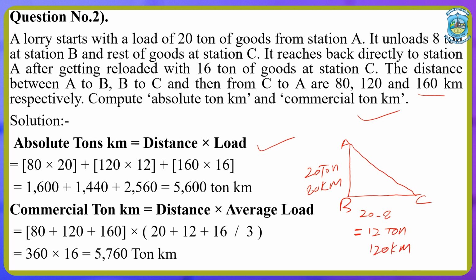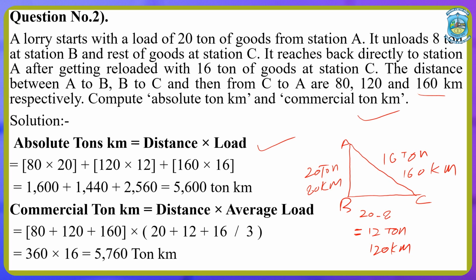C to A, it carries 16 tons of material and the distance covered is 160 kilometers. So this is the diagram on the basis of which we will try to solve the question.